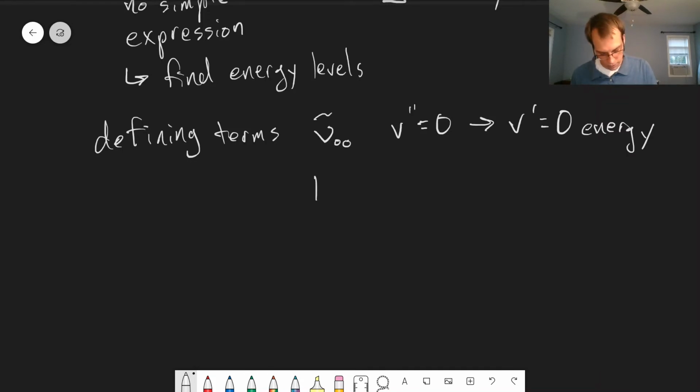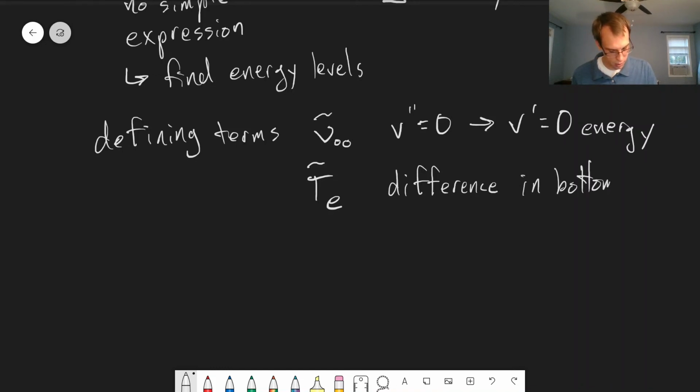We have T_e, where the tilde indicates this is in wave numbers. This is the difference in the bottoms of the potentials between our two electronic states. So if we ignore the fact that there's zero-point energy and only consider the electronic contributions, this is the difference in energies.